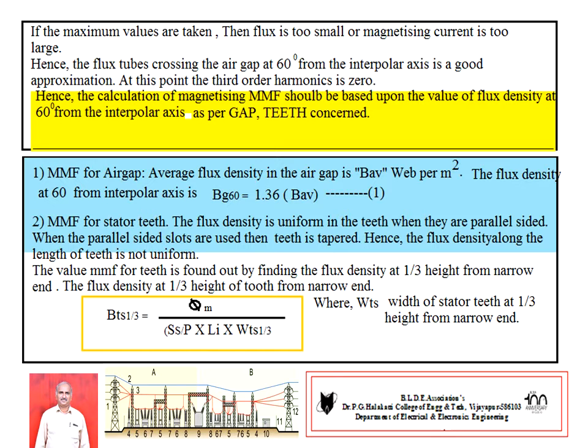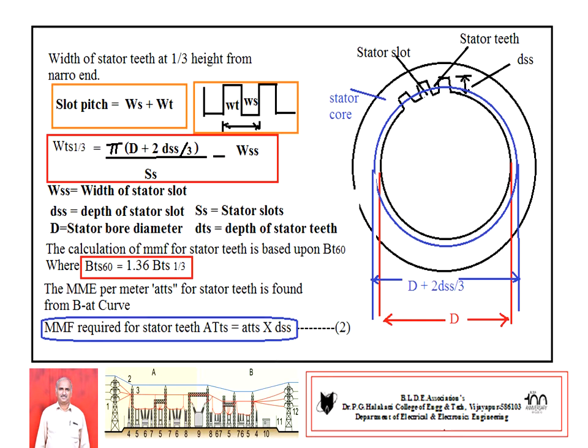The only important term is WTS 1/3, that is the width of stator teeth at 1/3 height from narrow end.